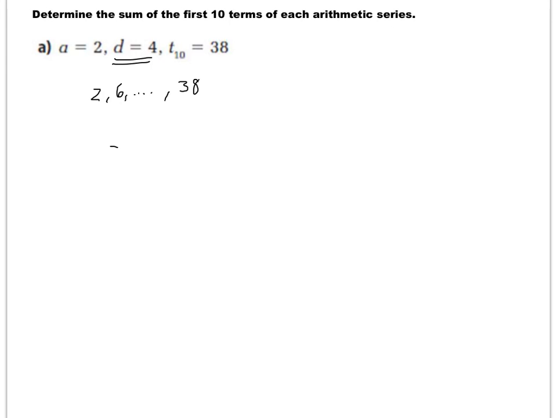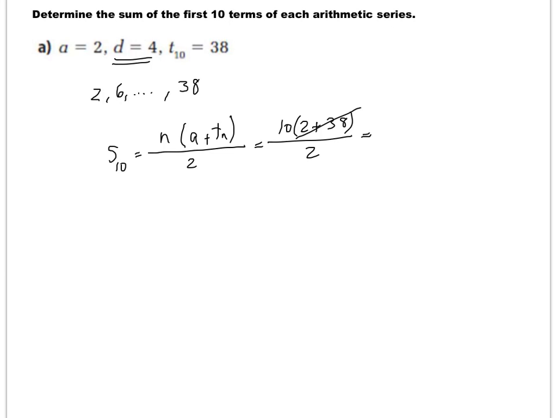So S10 is n times a plus tn over 2. n here is 10, a is 2, last term is 38, divided by 2. 38 plus 2 is 40. 40 times 10 is 400, divided by 2 is going to give me 200.